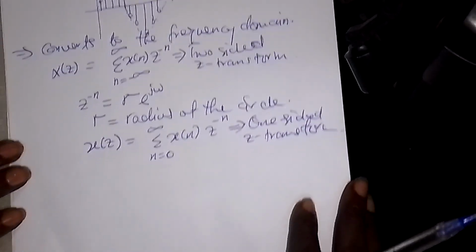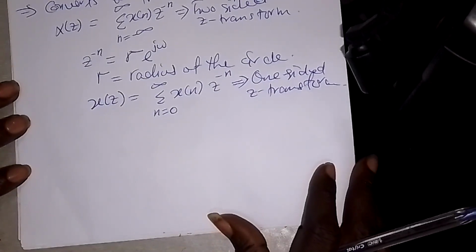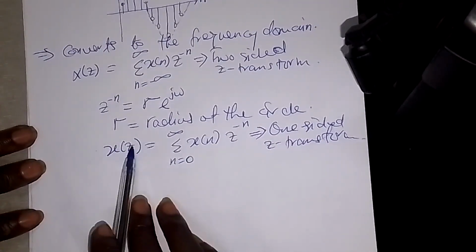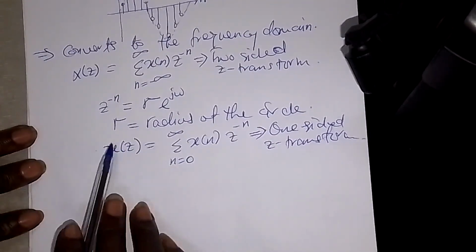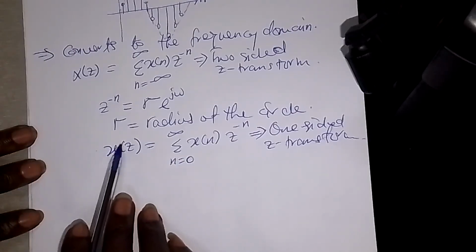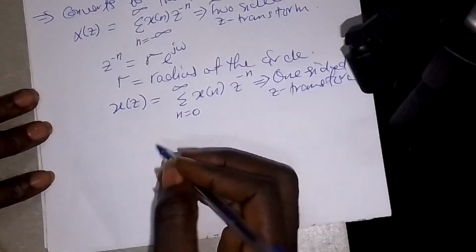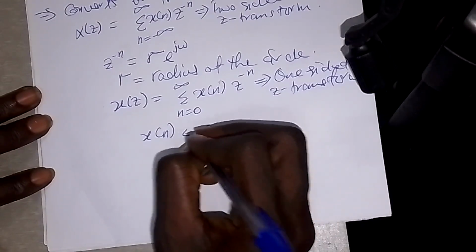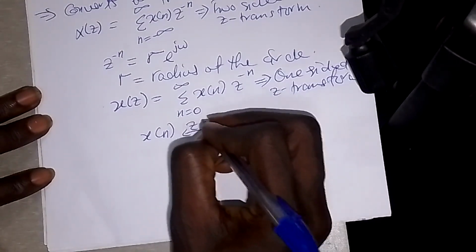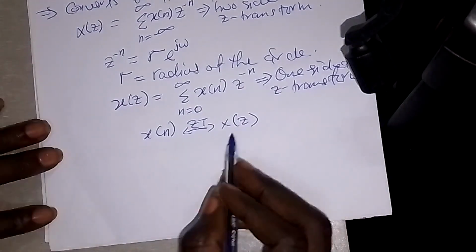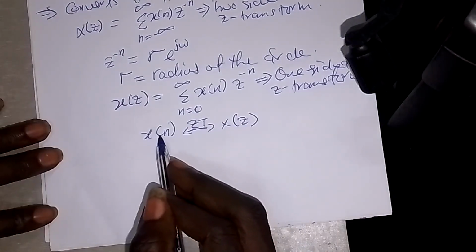After converting a signal to the frequency domain, we should be able to turn it back to the original signal. After converting the discrete time signal x of n into its frequency domain, the Z transform X of z, we should be able to turn it back to x of n.